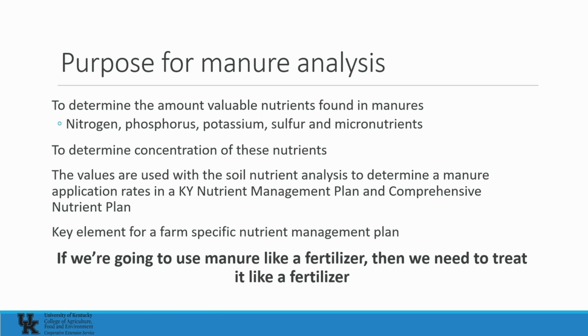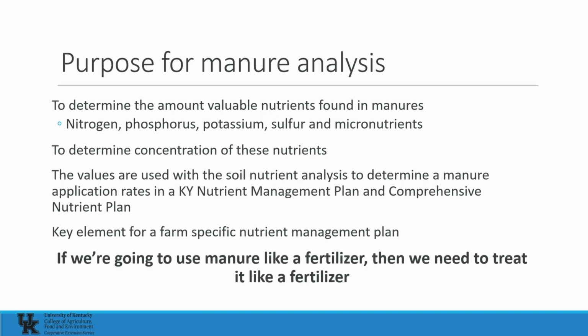We're going to use the nutrient values in our manure analysis, along with our soil analysis, and come up with a manure application rate. These two values, soil analysis and manure analysis, are used in our Kentucky Nutrient Management Plan and a comprehensive nutrient management plan.